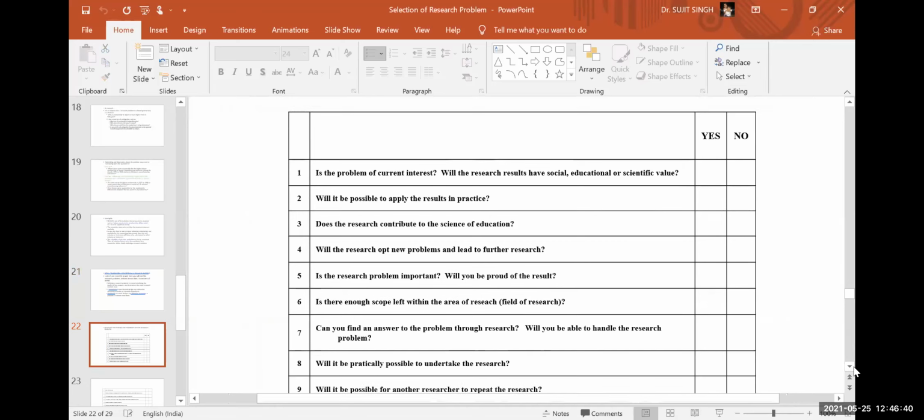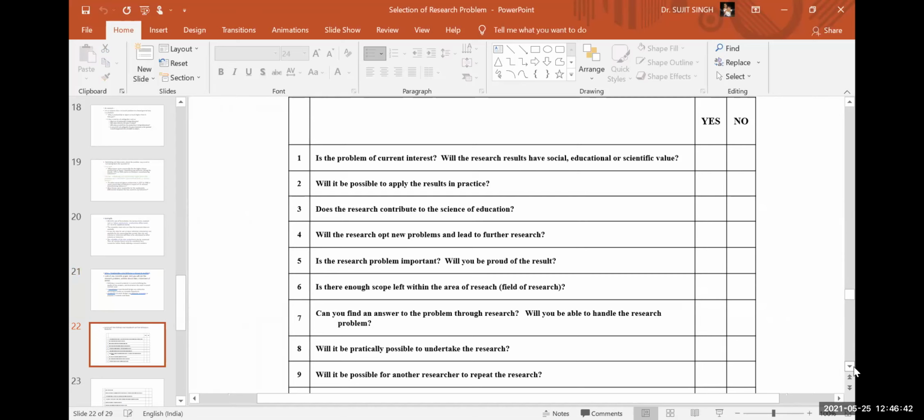That means people are currently working around this. Is this the focus area of research in that field or not? Will the research result, whatever result you are going to get, have any value? Value means significance, applicability at the social, educational, or scientific level.